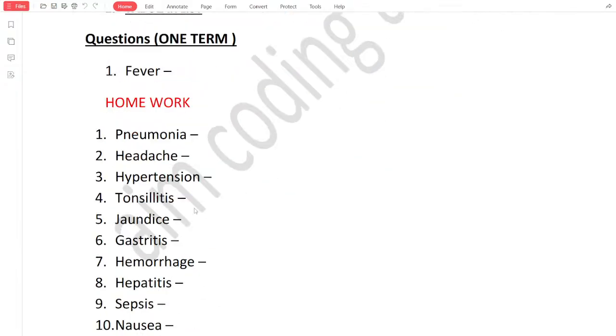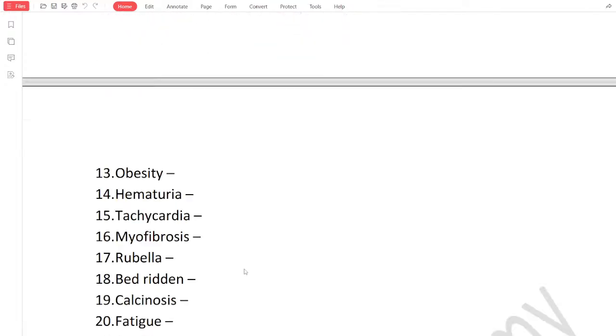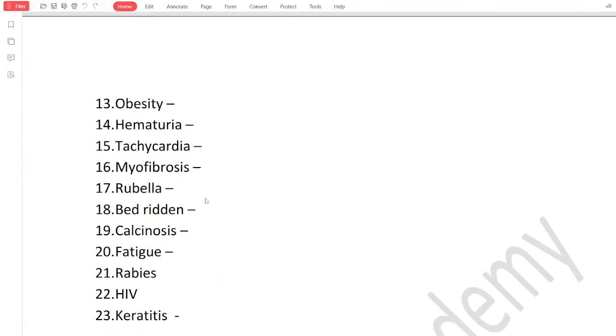And I am giving some homework: pneumonia, headache, hypertension, tonsillitis, jaundice, gastritis, hemorrhage, hepatitis, sepsis, nausea, pain, lipoma, etc. Also obesity, hematuria, tachycardia, myofibrosis, rubella, bedridden, calcinosis, fatigue, rabies, HIV, keratitis.